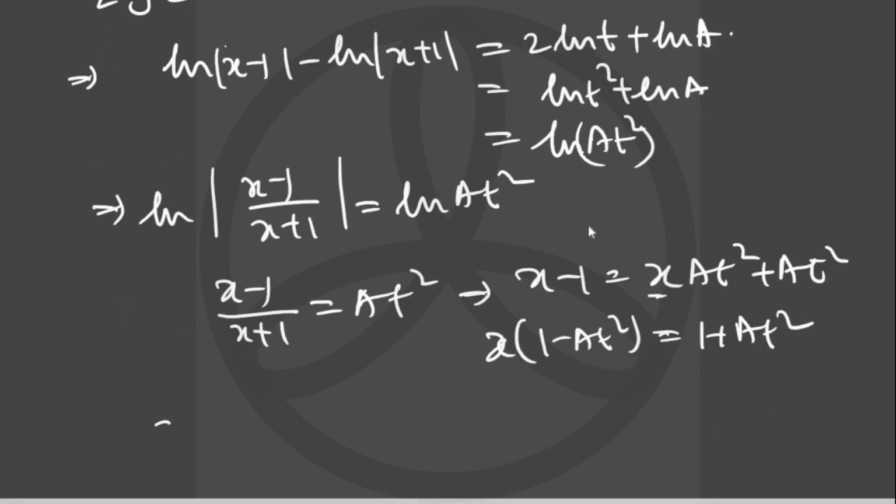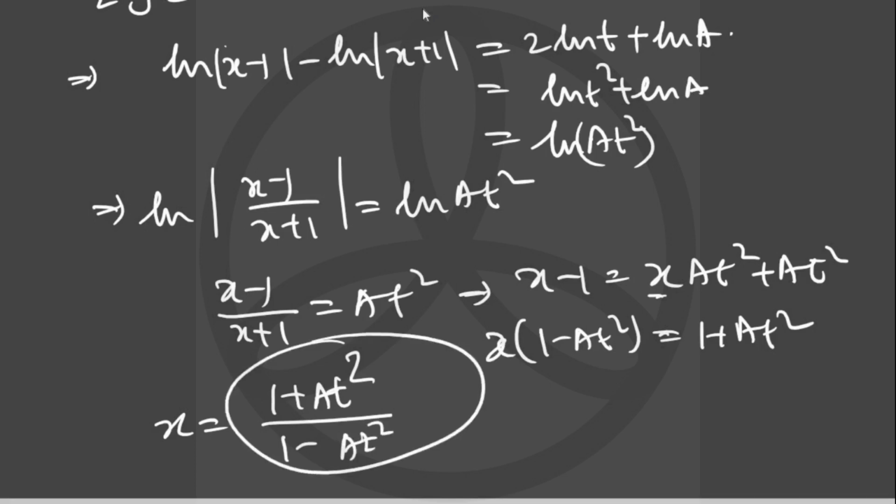Therefore, the general solution of x will be (1 + at²) divided by (1 - at²). This will be the solution.